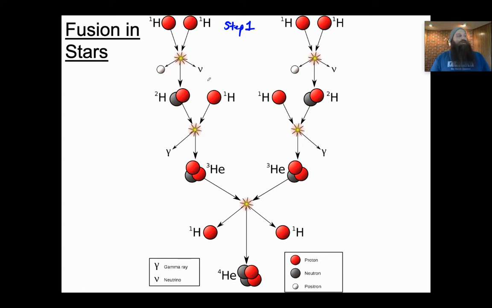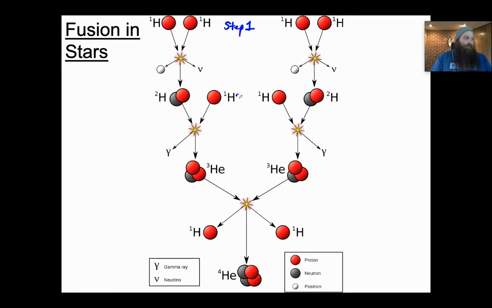We have two hydrogen atoms that are fusing to form an H2, which actually involves the change of a proton into a neutron, which is allowed. You just have to have some energy expenditure and give off a neutrino and a positron, and that's upper level stuff, right? But we are going from two hydrogen atoms into an H2 isotope of hydrogen.